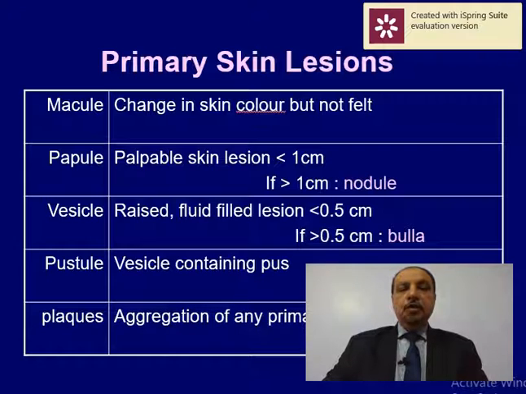This vesicle should be less than 0.5 centimeter. But if it is more than 0.5 centimeter, we will call it bulla. The fourth lesion is pustule, which is a vesicle containing pus, while the plaque is aggregation of any primary lesion.